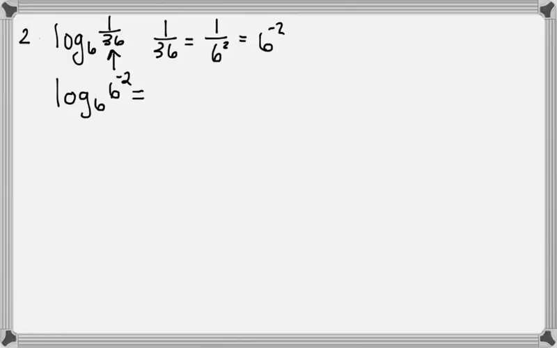When you have log base 6 of 6 to the negative 2, the question's saying, what do I raise 6 to a power of to make it become 6 to the negative 2? The answer is negative 2. Those kind of just cancel out.